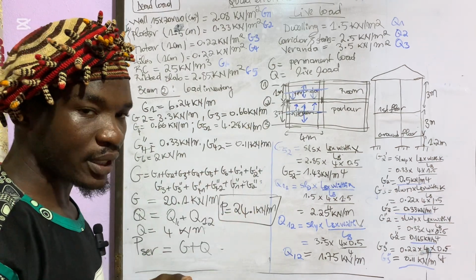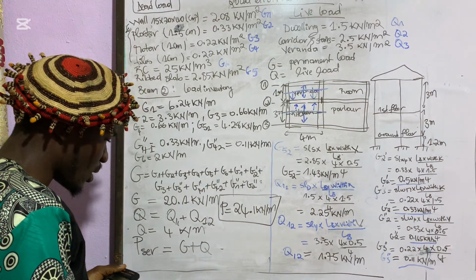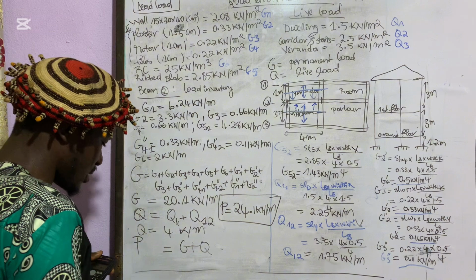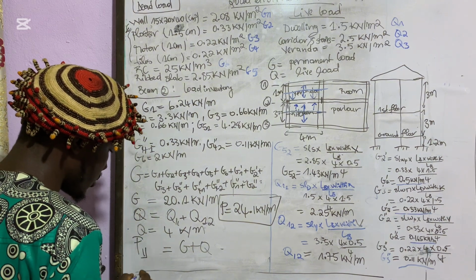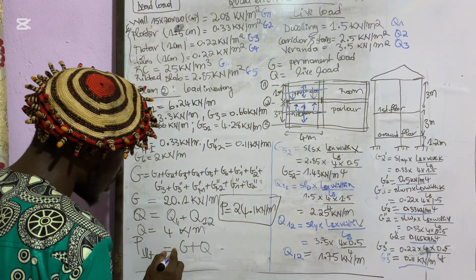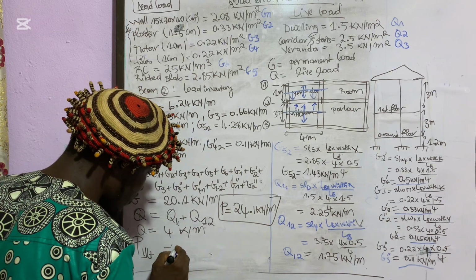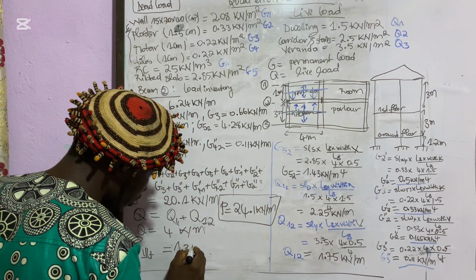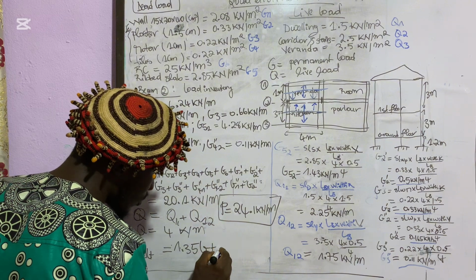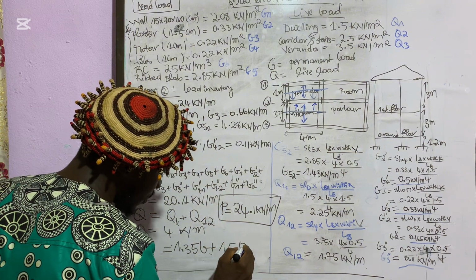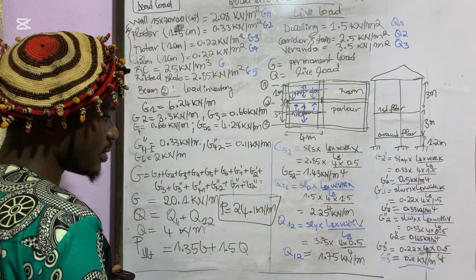That's the load being applied on our beam 2. Now if we are to have it at the ultimate limit state, P ultimate will be equal to what? We'll be seeing the safety coefficients appearing: 1.35 G plus 1.5 Q. That's the formula.